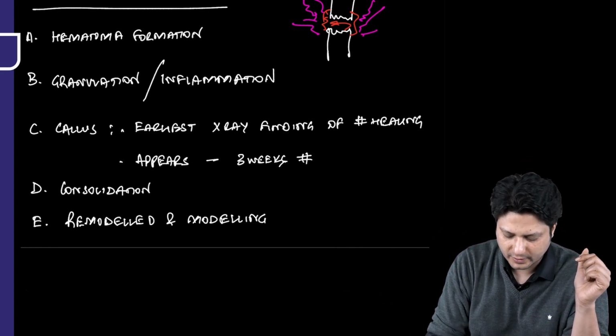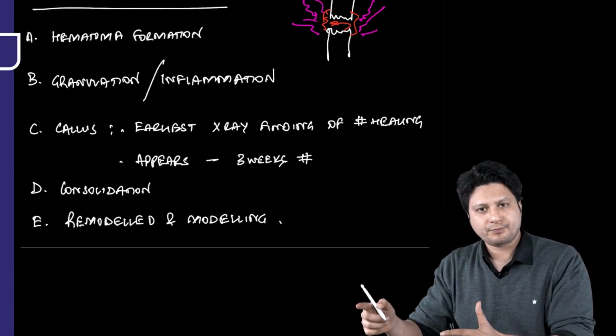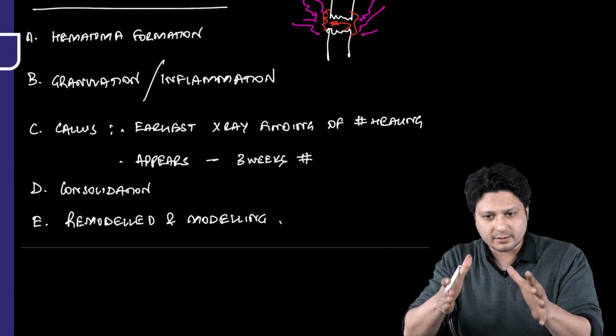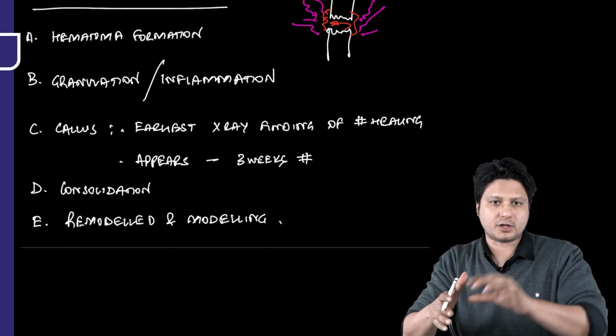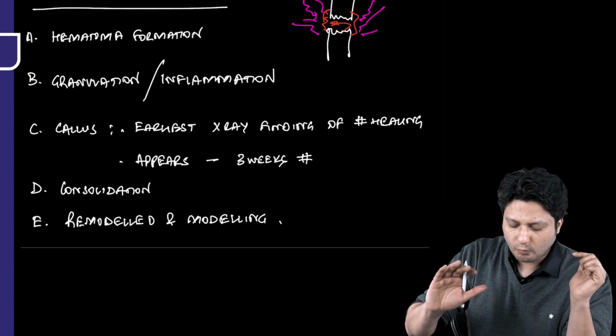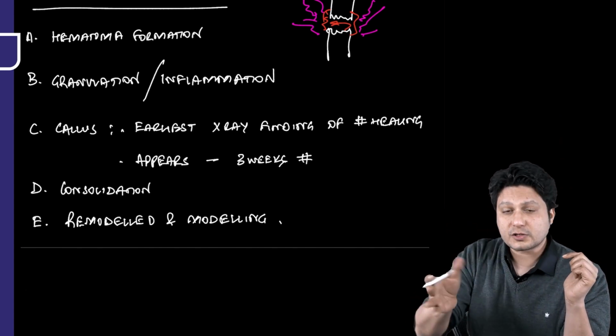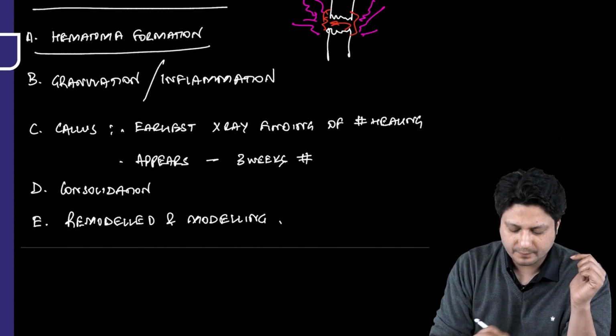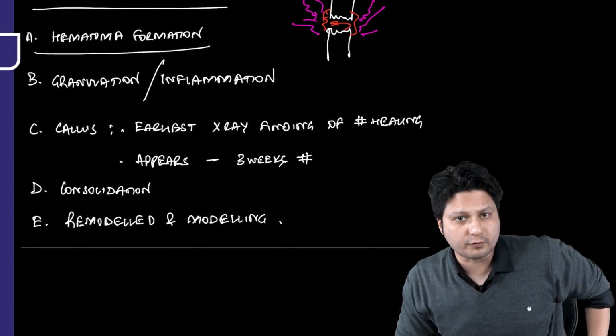So there will be a stage of remodeling and modeling over a period of time, and the bone will attain the strength as well as the structure of a normal bone. So these are the stages of fracture healing. All right, now, out of these stages, the first one is the stage of hematoma formation. The first stage obviously is the stage of clot formation.